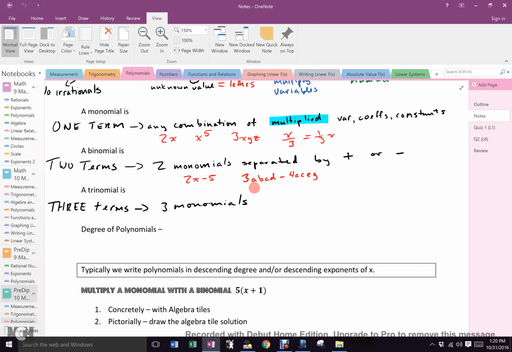The degree of polynomials, the last thing we were talking about, is what exactly that implies.